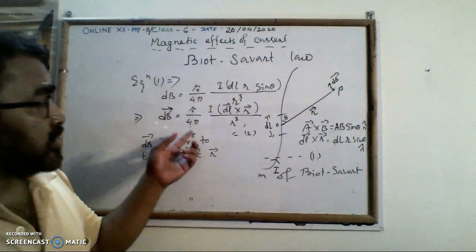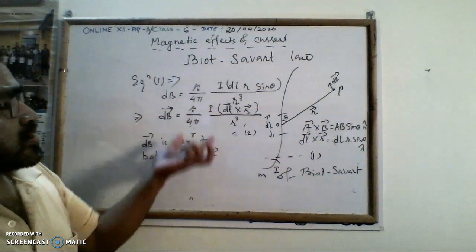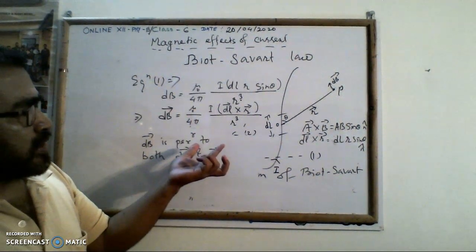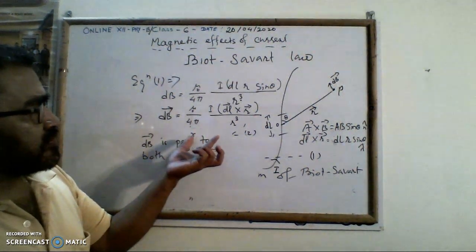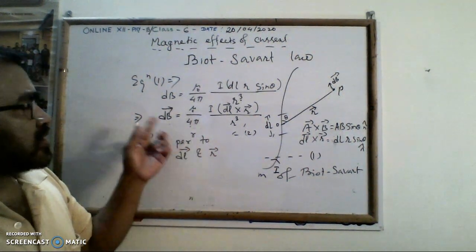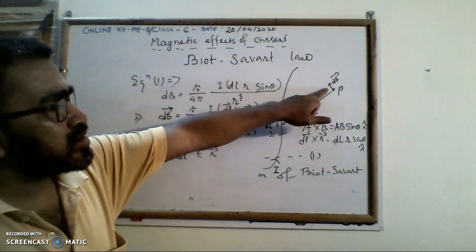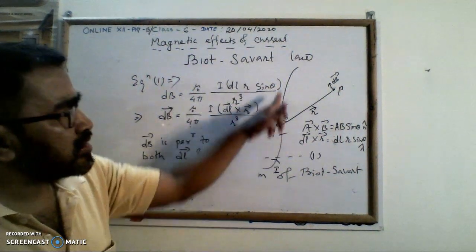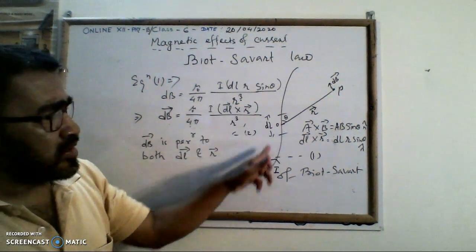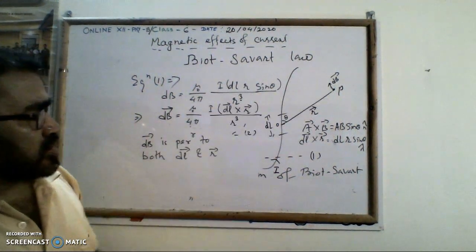This is the method to find out the magnitude of the magnetic field as well as the direction, which is perpendicular to both the r and dl vectors.